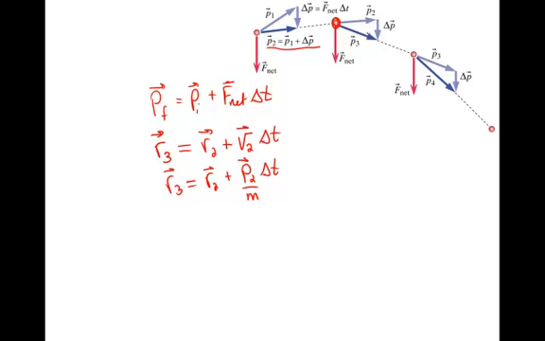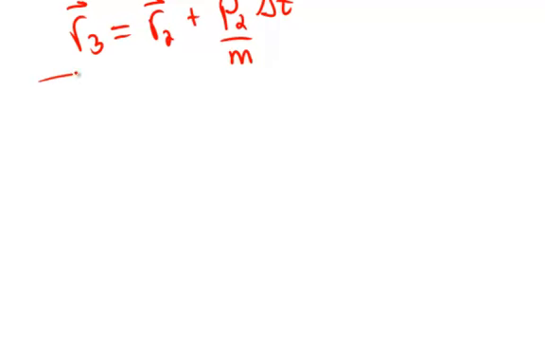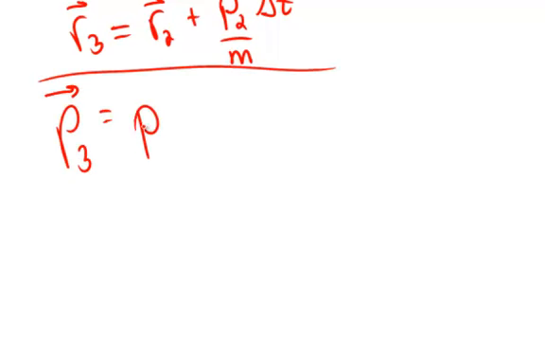Then what I need to do is I calculate a new momentum right here. So at that point, P3 is going to be equal to P2 plus F net delta T. And that will give me this vector here.